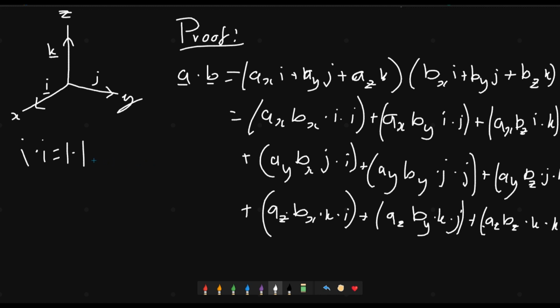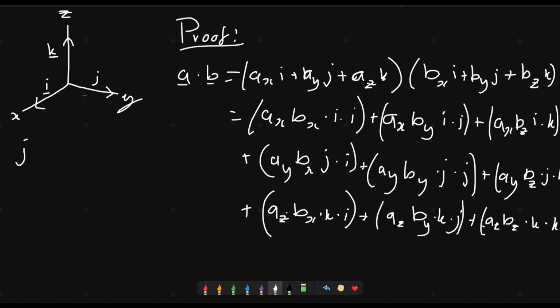So I times I is 1, likewise J times J is going to be 1 because the angle between J and J is 0 again, so you get the gist.